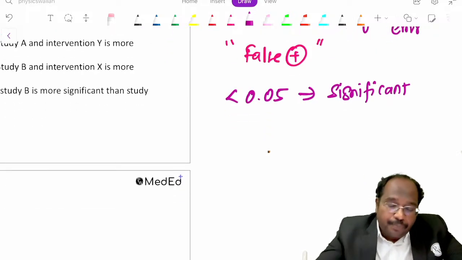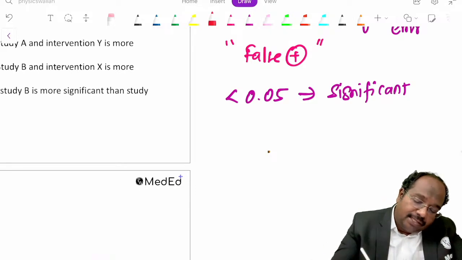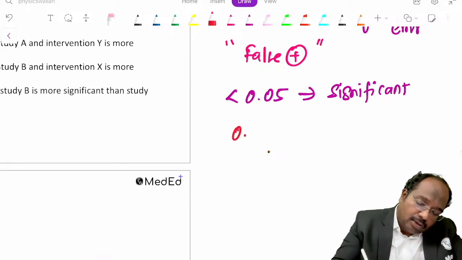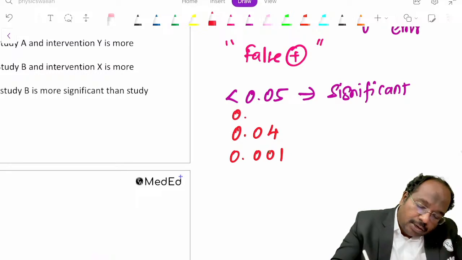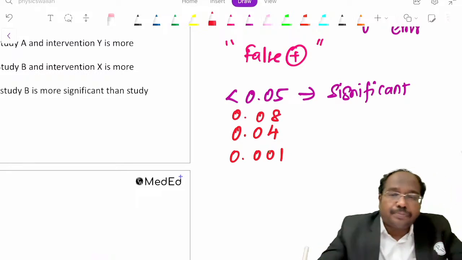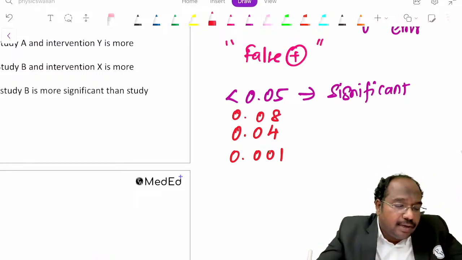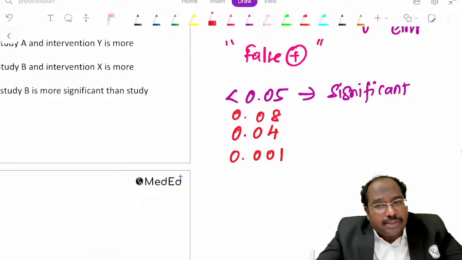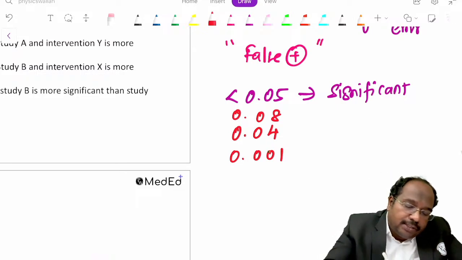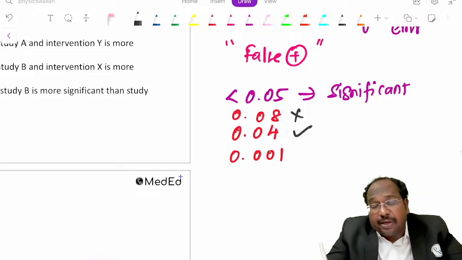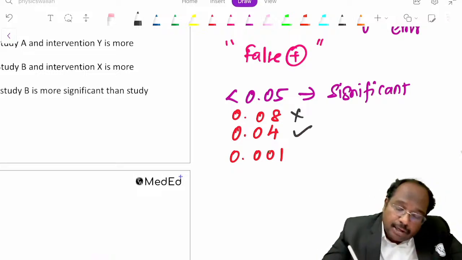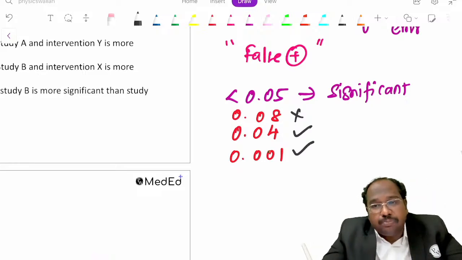Okay, fine. Now, if I have these values, which one is significant, which one is not significant? We have three values. The first one is not significant. The second one is significant because it's less than 0.05. The third one is more significant.